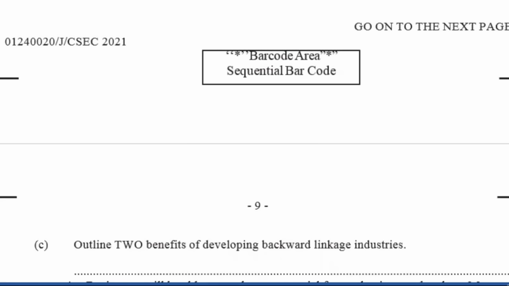So remember now, backward linkage industry is where you get your raw material from for you to be able to provide your good or offer your service. And the forward linkage industry is the other businesses that you supply your goods to. Okay? Now, what are the benefits of developing backward linkage industry? Can you think of any?